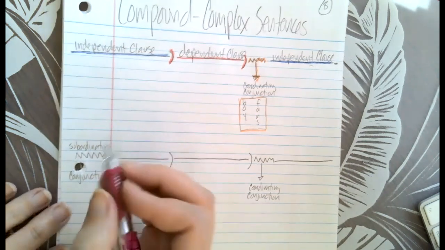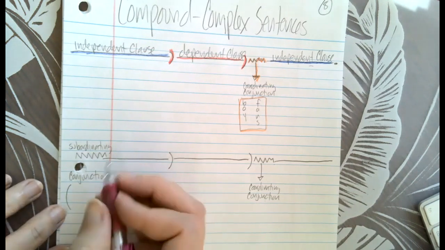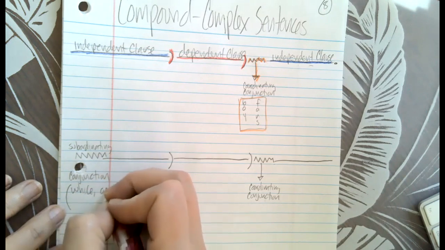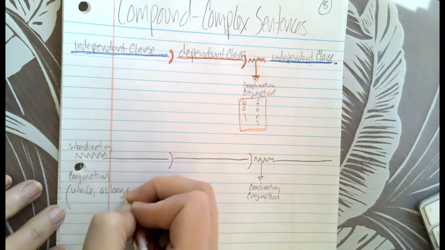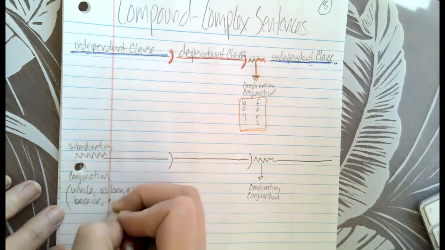Now we've already taken notes on these, but I'm just going to put a few words right here in an open parentheses. These are words like while, as long as, because, and even though.